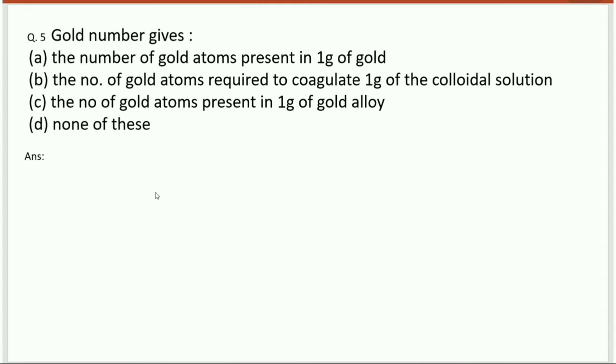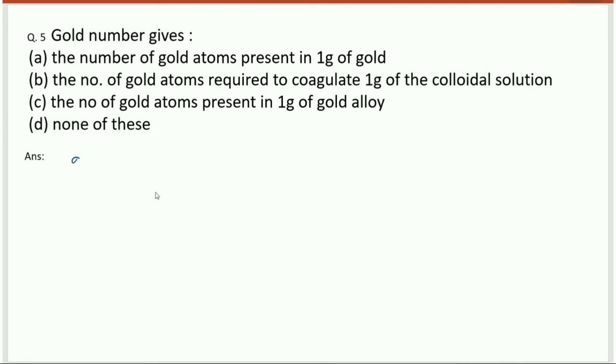Now the fifth question: gold number gives the number of gold atoms present in 1 gram of gold, the number of gold atoms required to coagulate 1 gram of the colloidal solution, the number of gold atoms present in 1 gram of gold alloy, or none of these. So what is gold number?